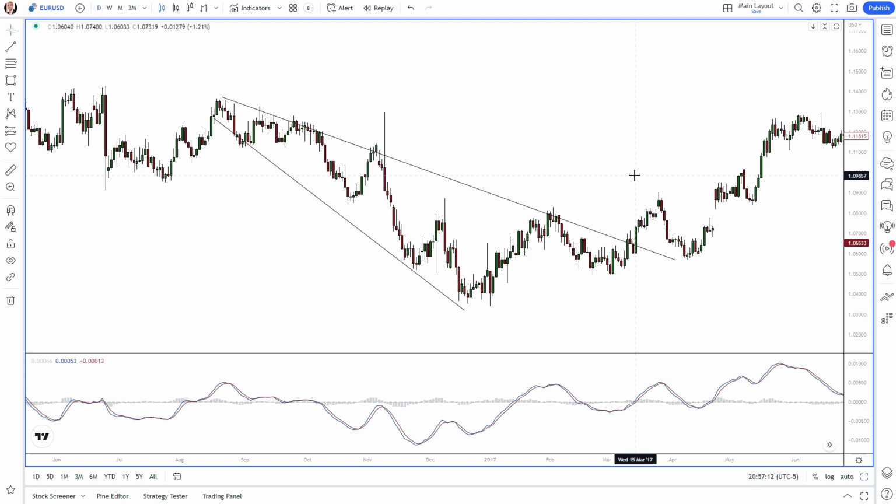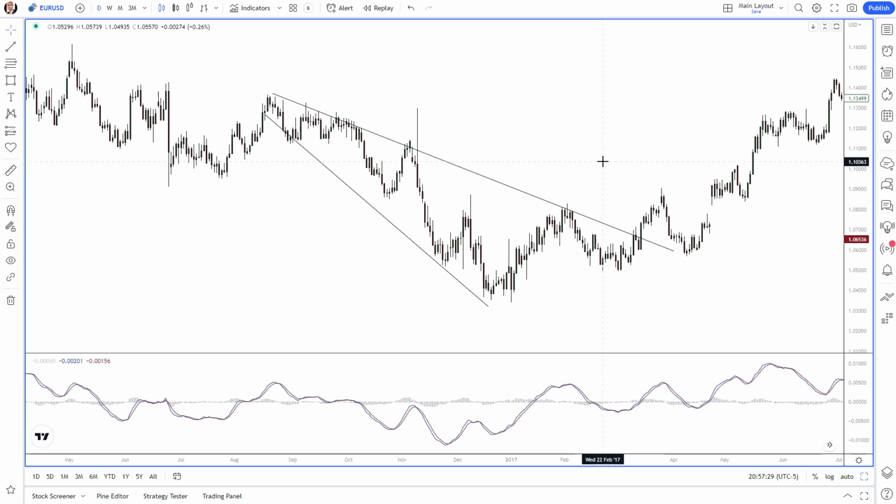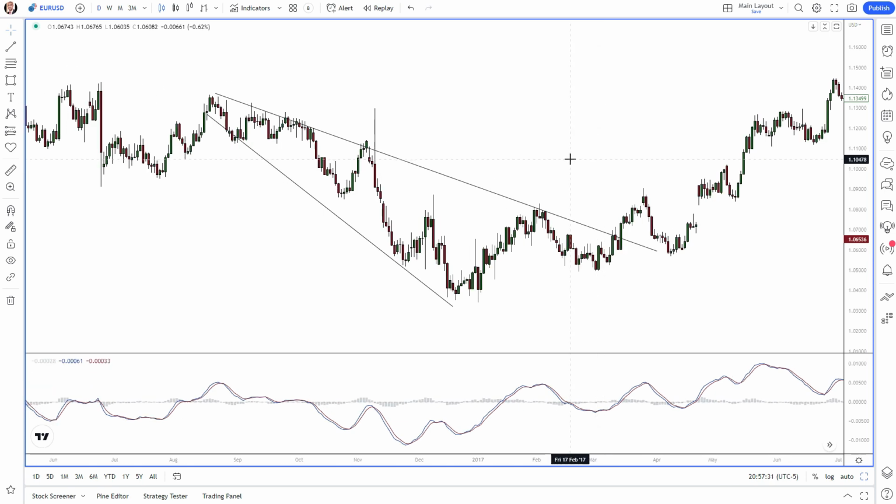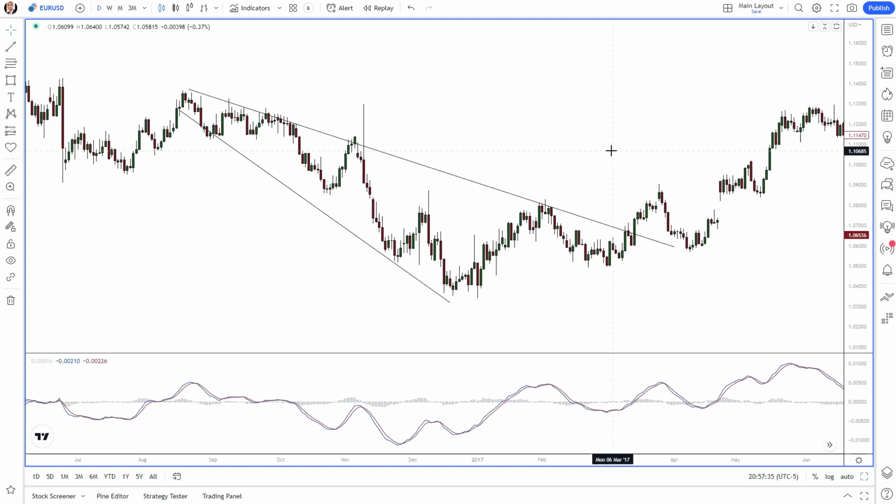I think this pattern is actually even more powerful than a standard wedge, and I think the reason is most people can't really tell. It's hard to really spot a pattern like this, but this is why I recommended the Encyclopedia of Chart Patterns. You guys can buy that book on Amazon, and you can study the performance of these patterns.